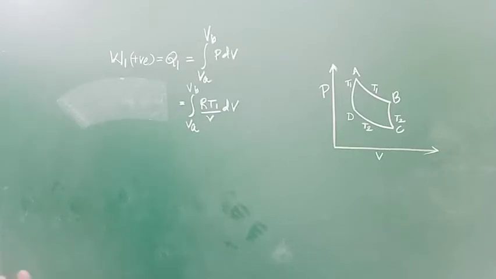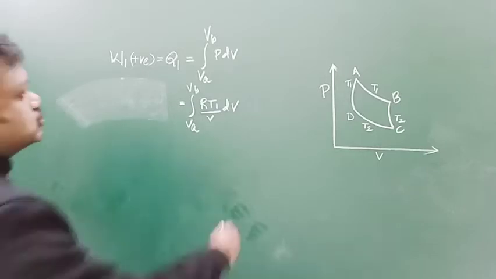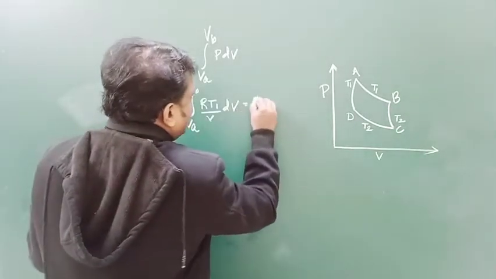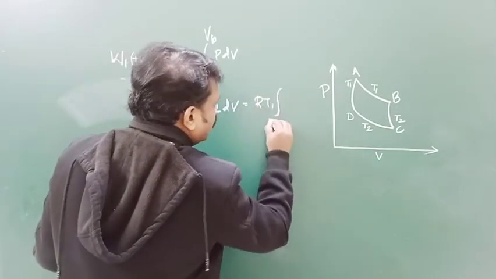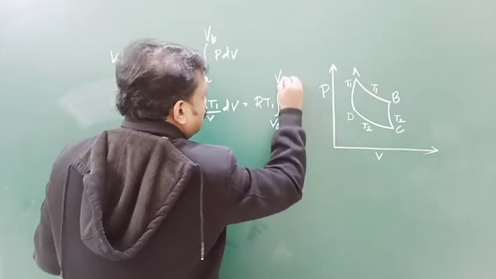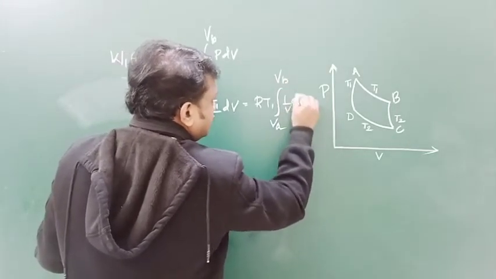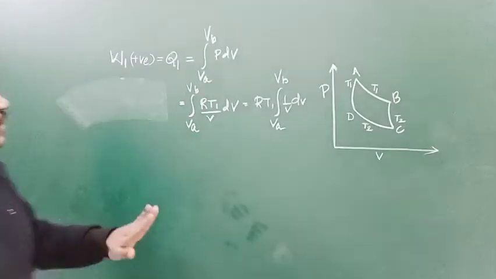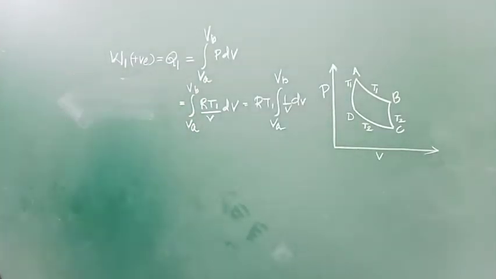R and T1 are constant and can be taken out, so this becomes RT1 times the integral from VA to VB of 1 by V dV. We have already defined these steps.